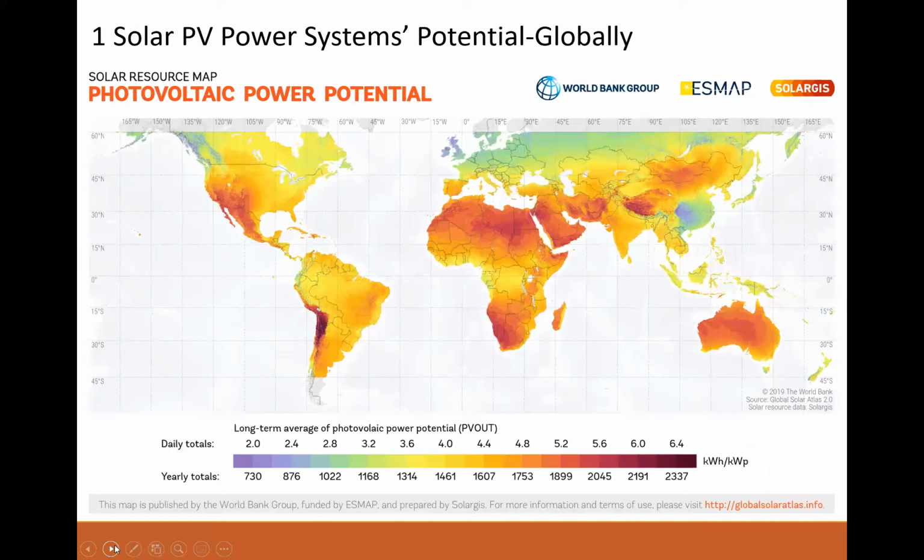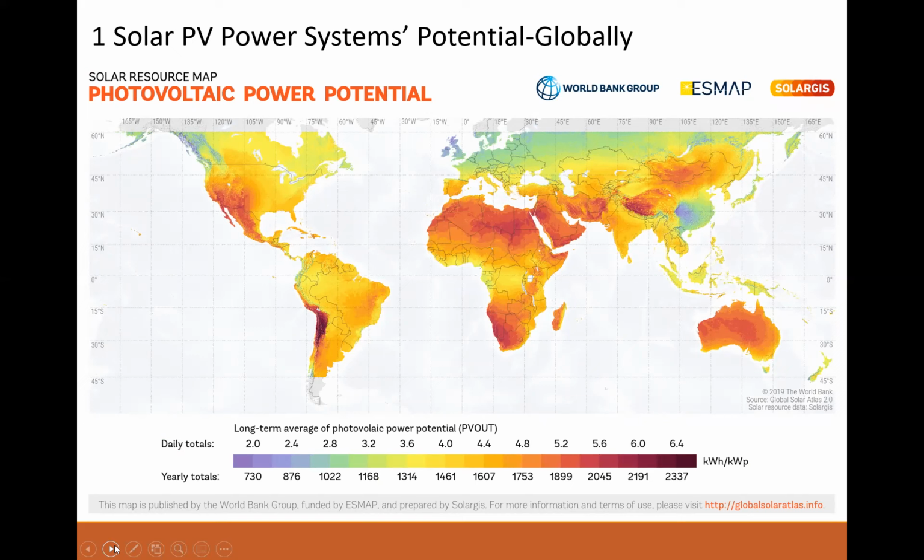So in the previous lecture of part 3, we looked at the solar PV power systems potential. Here I show you the global potential of the kilowatt hour per kilowatt peak.